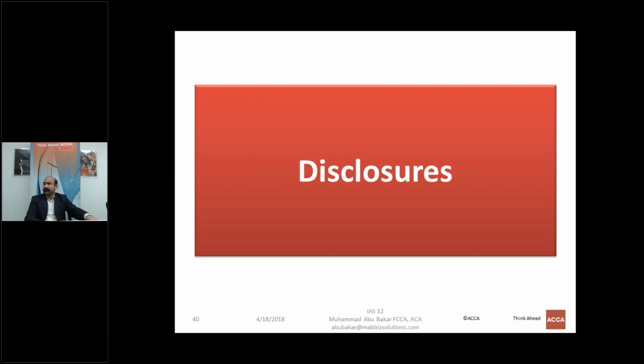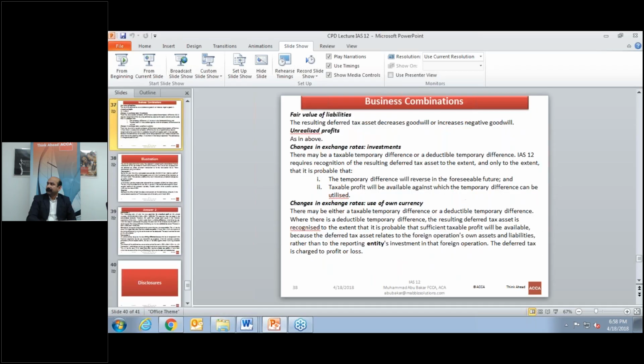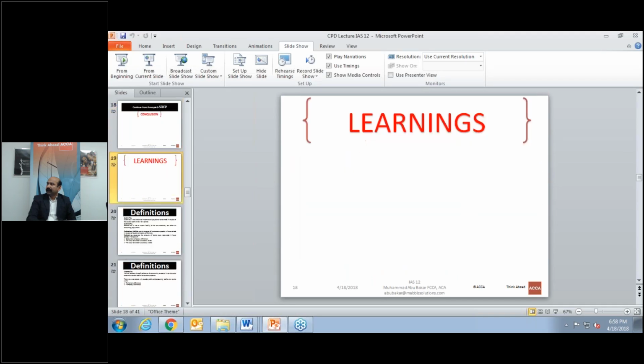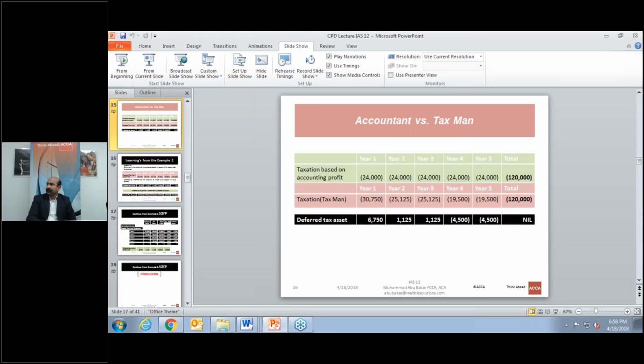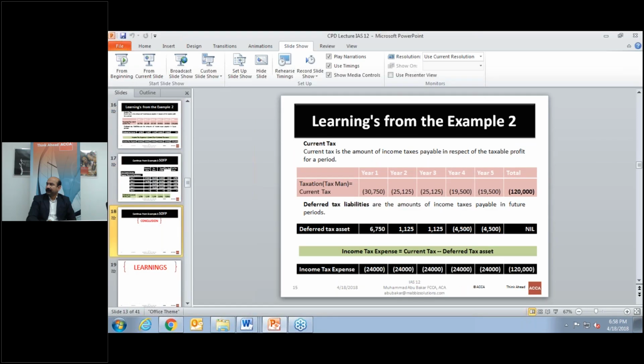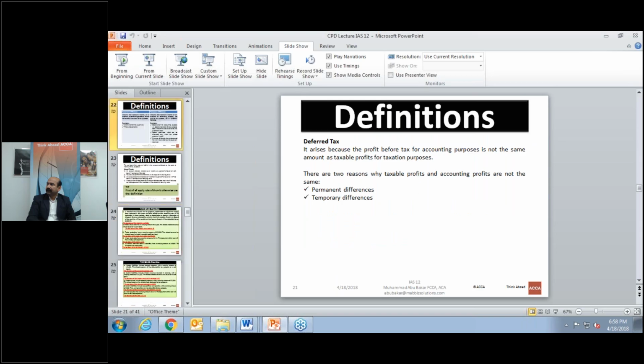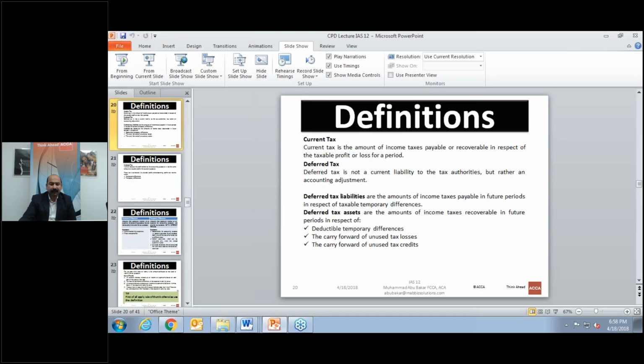No, Baba Patel, if you just look at the deferred tax asset definition, you will find that both are the same. Here you can see that deferred tax assets are the amounts of income taxes recoverable in future periods in respect of deductible temporary differences, the carry forward of unused tax losses, and the carry forward of unused tax credits.